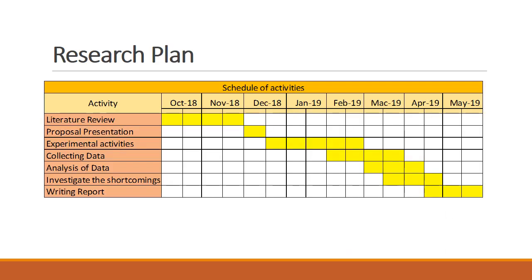For this research plan, there are about 8 months for this project to complete. Firstly will be the literature review, followed by the proposal presentation, which I'm doing now. After that, at the end of this month, the experimental activity will start, and collecting data will follow the experiment activities, and data analysis will be carried out while collecting data.